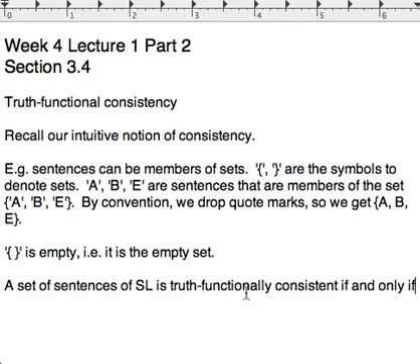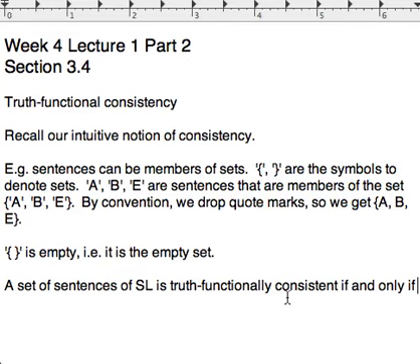Okay, so a set of sentences of SL is truth functionally consistent if and only if there's at least one truth value assignment where all the members of the set are true. Remember how we said that it's possible for them to be true at the same time? Now we're saying what exactly that means.